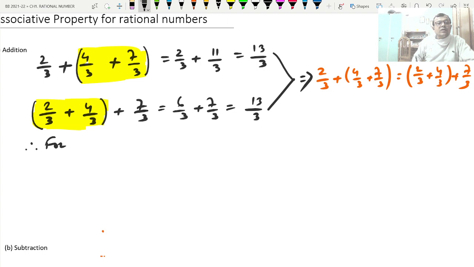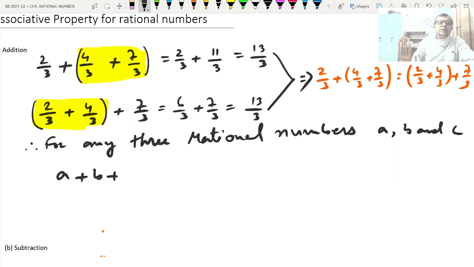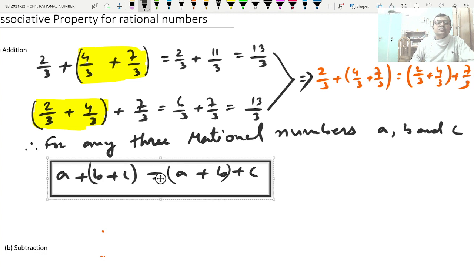Therefore, for any three rational numbers a, b, and c, a plus b plus c, you give bracket here and you give bracket here, both will be equal. This will always be equal.